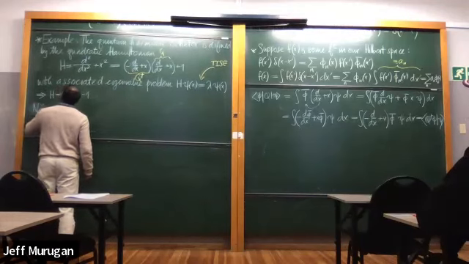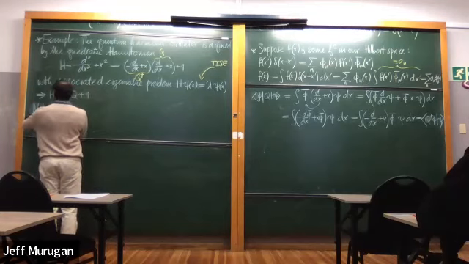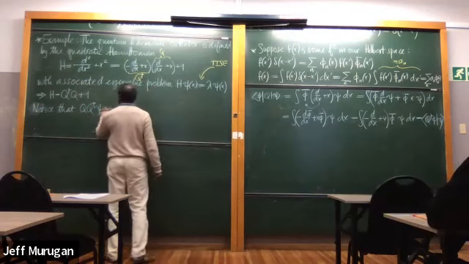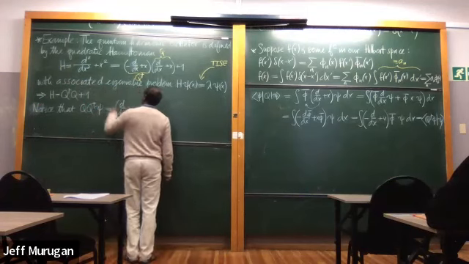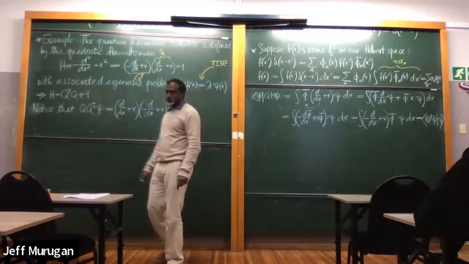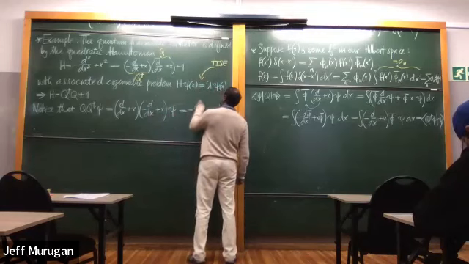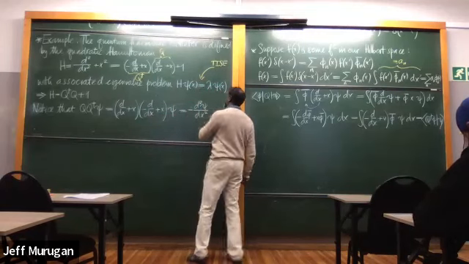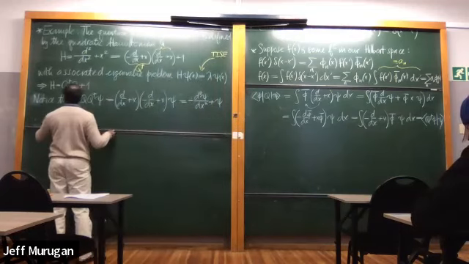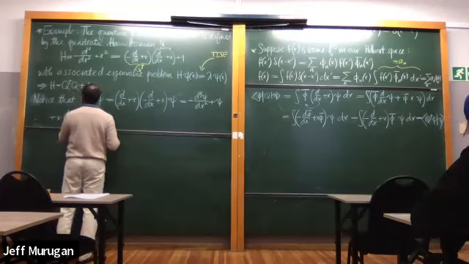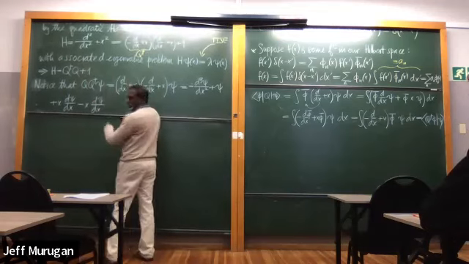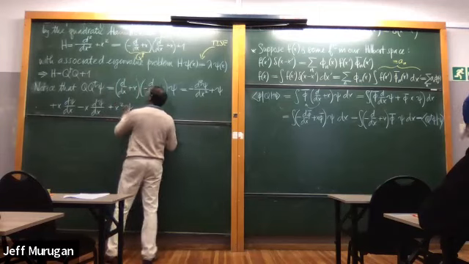So notice that q q dagger acting on psi is d by dx plus x, minus d by dx plus x, acting on psi, which is minus the second derivative of psi with respect to x plus psi, plus x d psi by dx minus x d psi by dx, plus x squared psi.